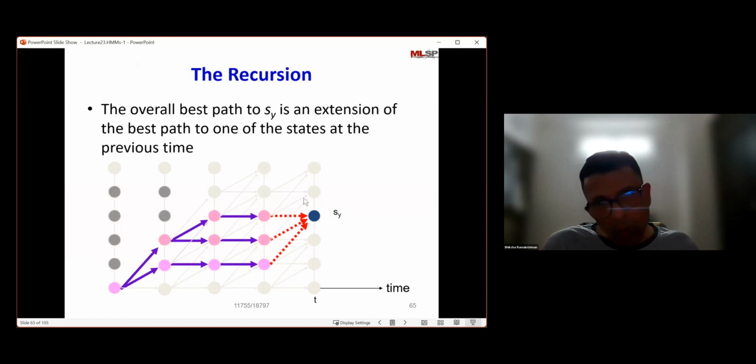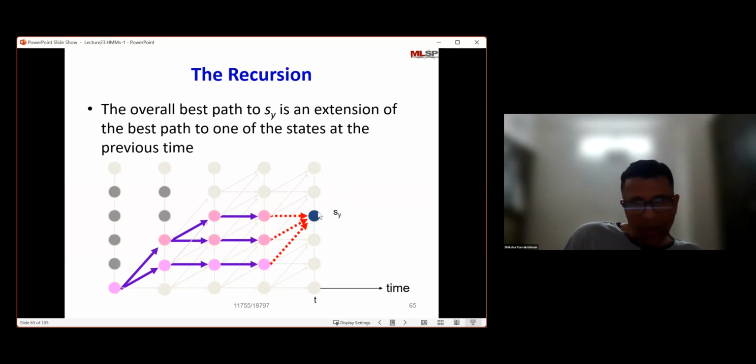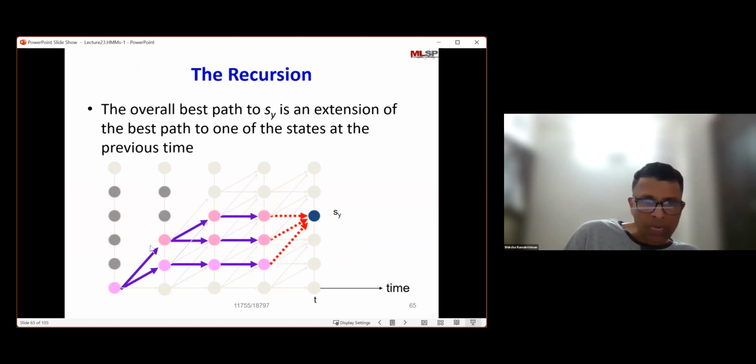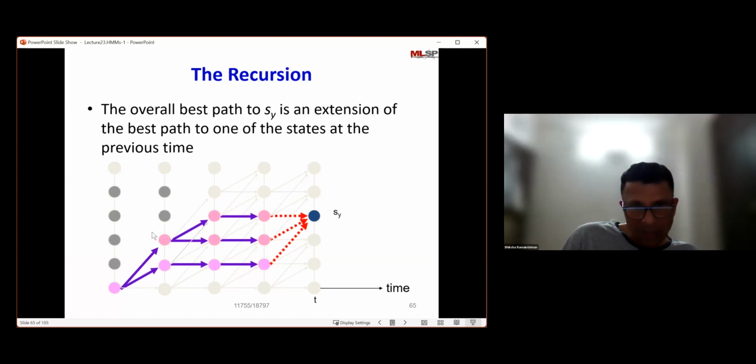And if I look at the best overall path to Sy, in this case there are only 3 incoming edges to Sy. The most likely path that ended up at Sy had to have come through one of these 3 things. So to find out which of these 3 was the most probable, all I have to do is ask, what is the probability of this path? What is the probability of this path? What is the probability of this path? I can compare all 3 and just pick the best.